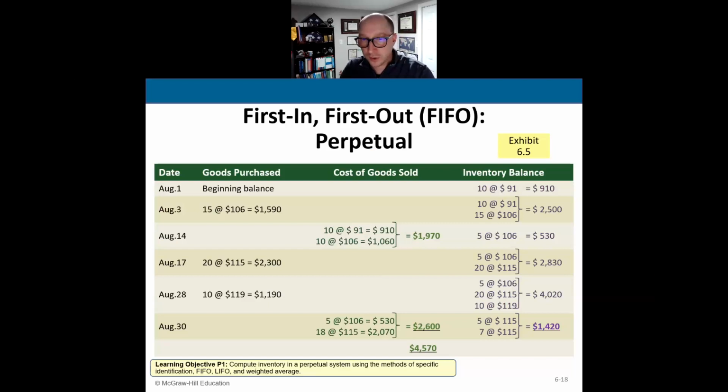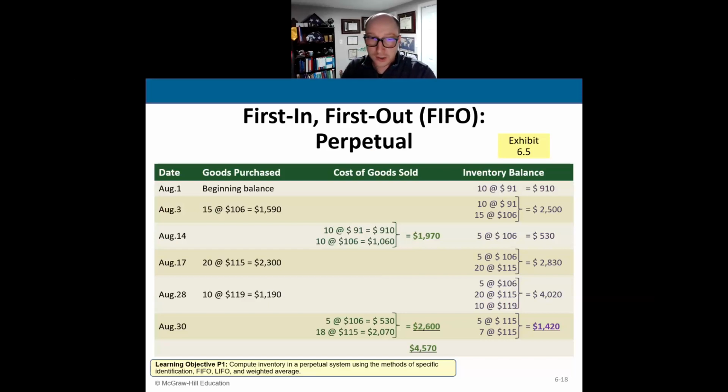August 17th, I purchased an additional 20 bicycles at 115. I add that to my inventory. I update my inventory cost to $2,830. August 28th, purchased another 10 at 119. I add that to my inventory balance, bringing it up to $4,020.